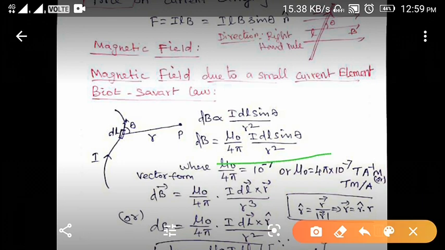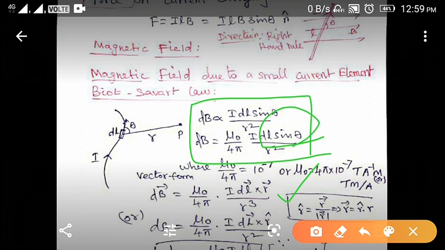The Biot-Savart law is given by dB equals mu naught by 4 pi, I dl sine theta by r squared. This represents magnitude only. To represent the direction, we should take the vector form. To write the vector form, dl sine theta can be written as dl vector cross r vector, because dl is in this direction, r is in this direction, and theta is the angle between them.